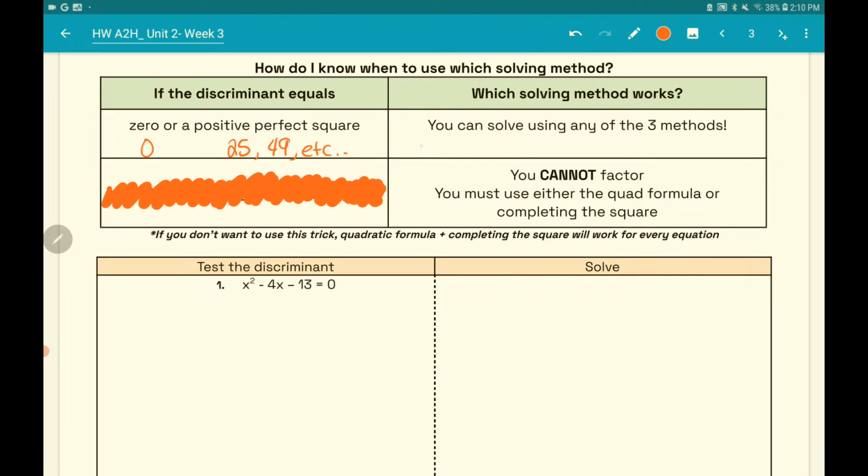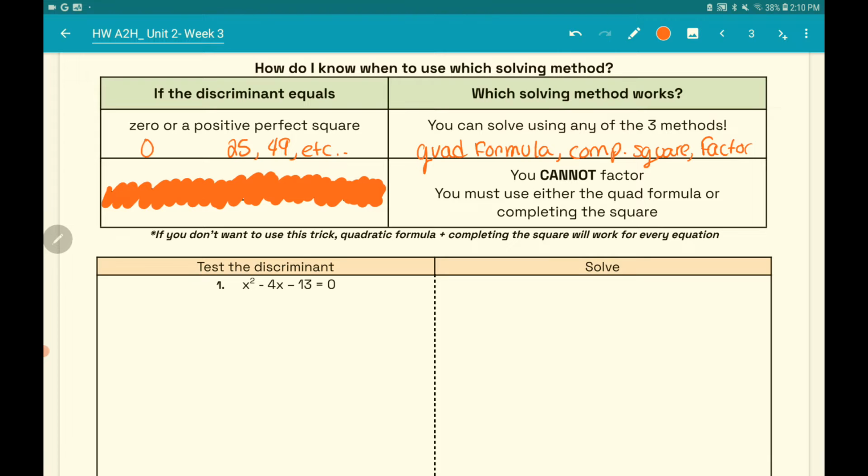So it doesn't matter which method you use. You can use quad formula, completing the square, or factoring. So basically just pick your favorite method and solve it, whichever one you're most comfortable with.